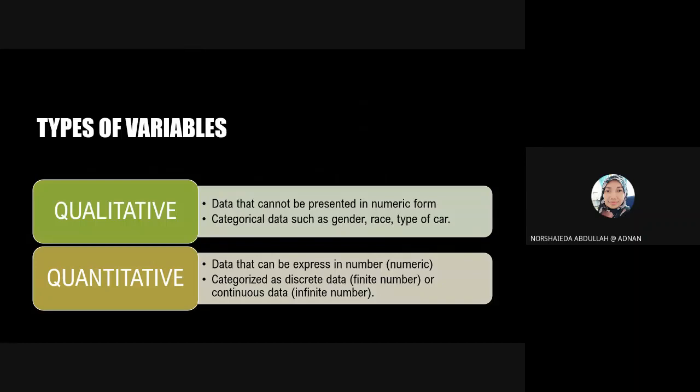Discrete refers to data with a finite number, and continuous refers to data with an infinite number.